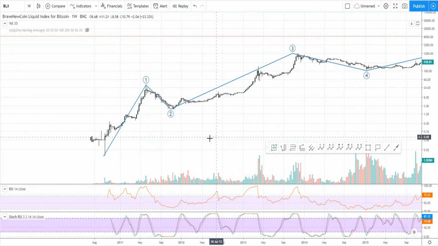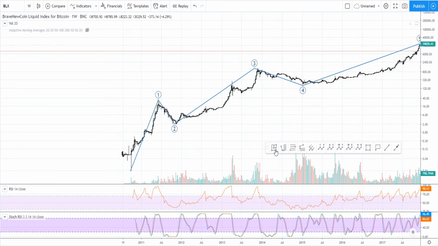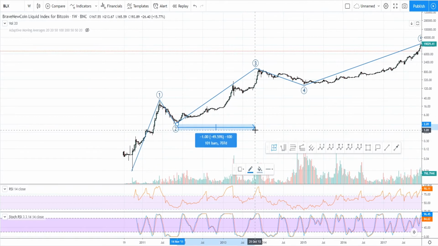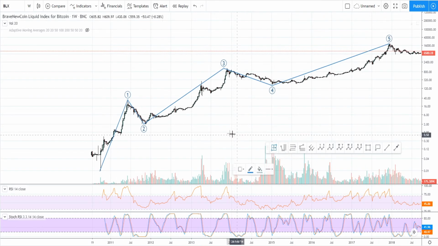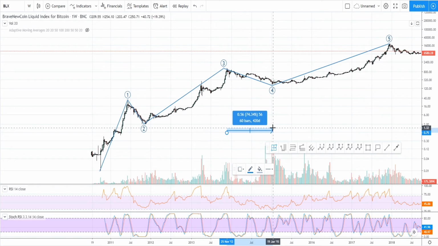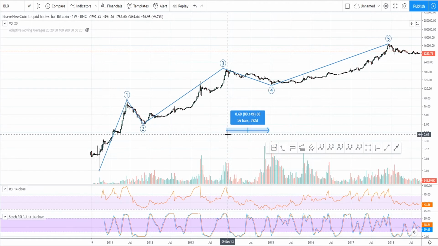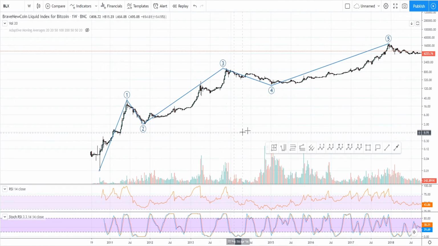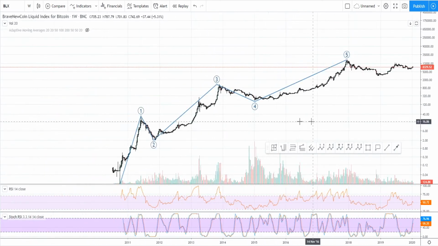So that's around half, right? If you look at wave 3 right here, it's around 730 days, and if you look at wave 4, how long that took, that's around 300 to 400, which is also around half, right? It's not exact, but it's close.